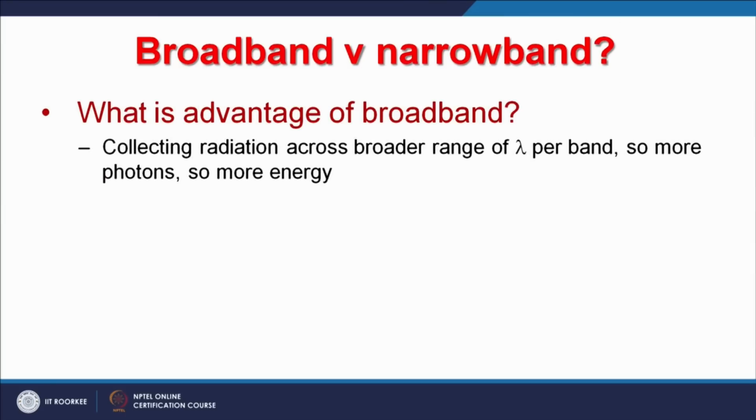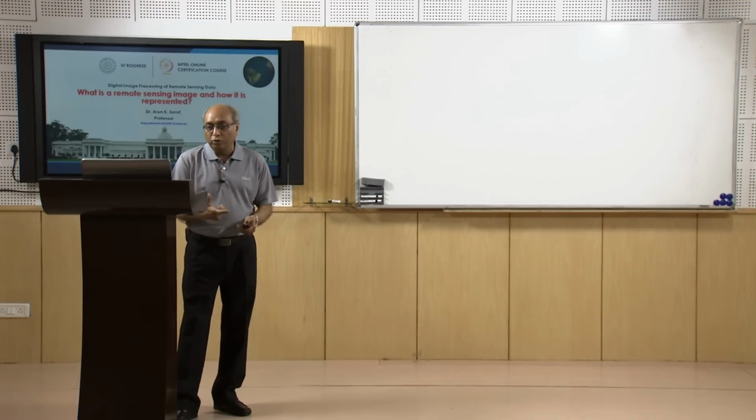So broadband versus narrowband: what is the advantage of broadband? It collects radiation across a broader range of lambda per band, so more photons and more energy. I have given the example of thermal sensors, where the energy is less and that is why the bands are broad, whereas where energy is more we can go for narrow bands.